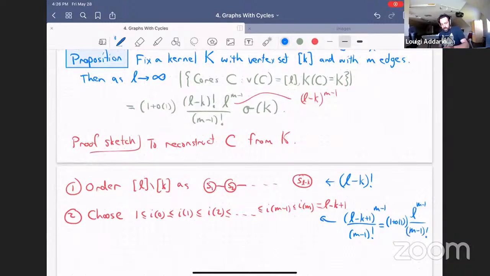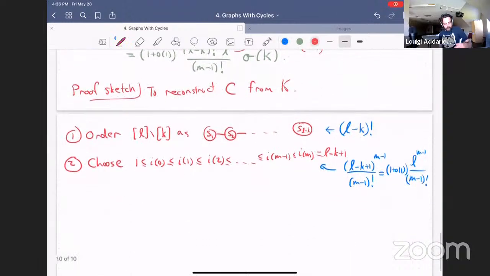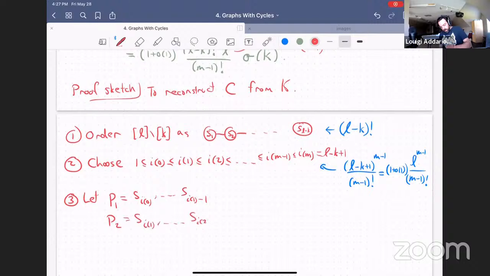Okay, and then the last step is, we'll let P1 be the path that goes from I0 up to I1 minus 1, and then P2 be the path that goes from I1 up to I2 minus 1, and so on, right?